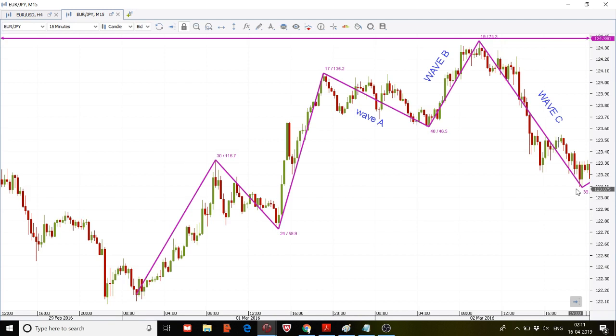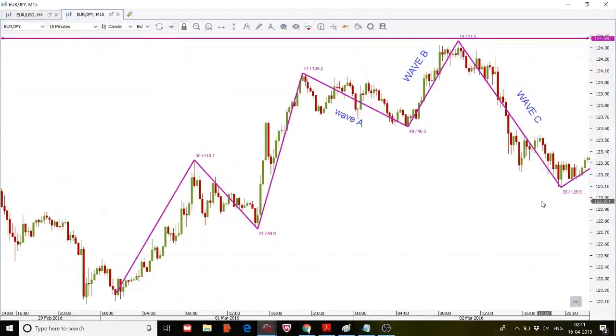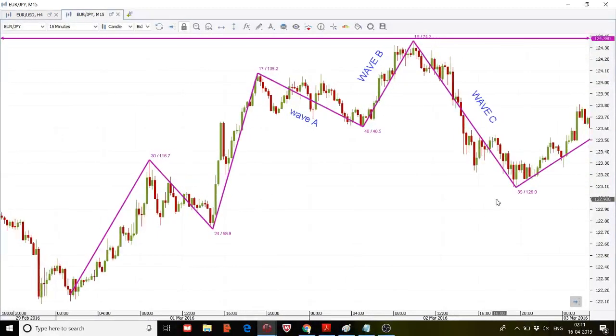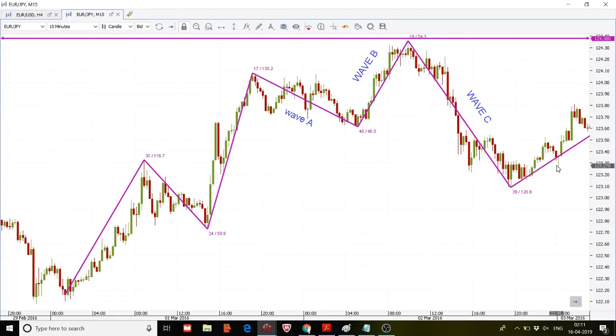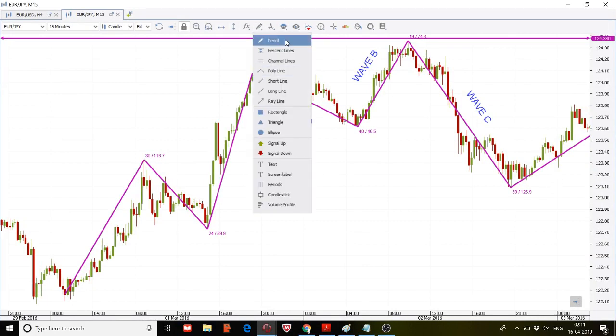So we don't know what will happen next. Suppose we are here. So we have got the wave A, wave B and wave C structure. So what you will need to do, as this swing high, market is trying to move to the higher side, and as soon as we get the next swing high, here we got the next swing high.